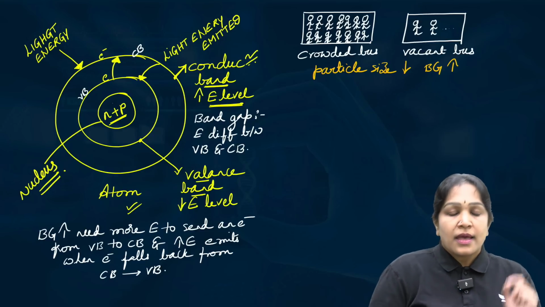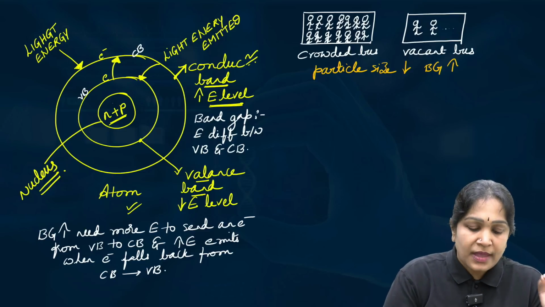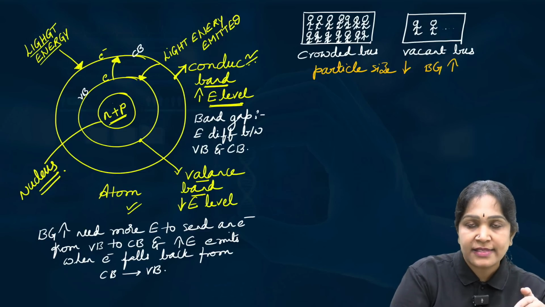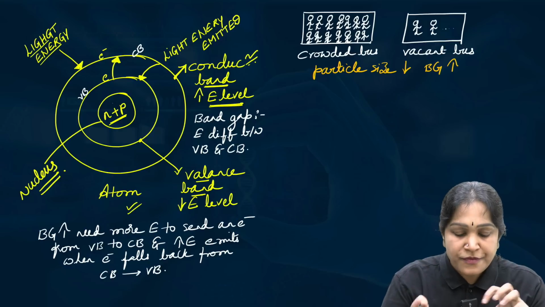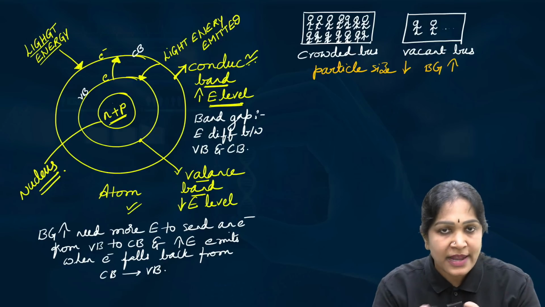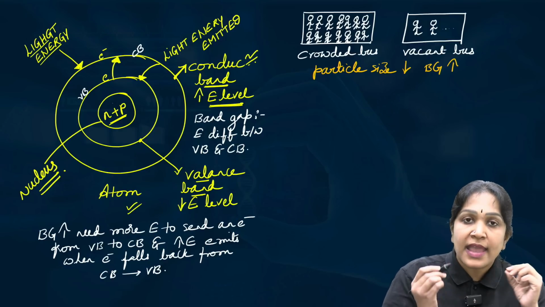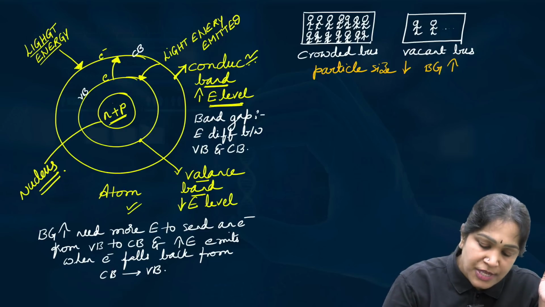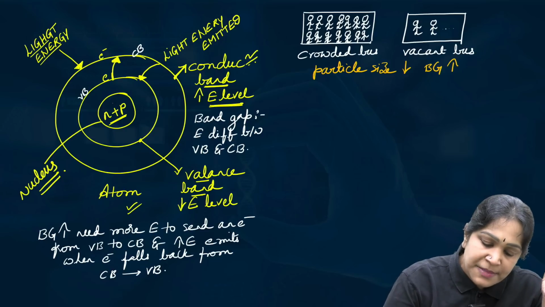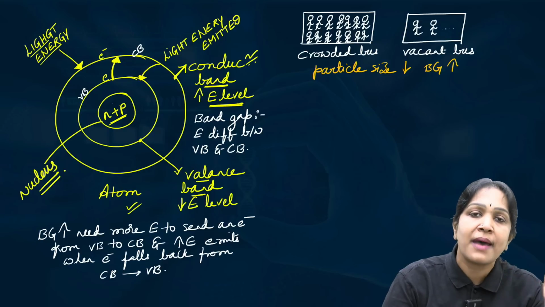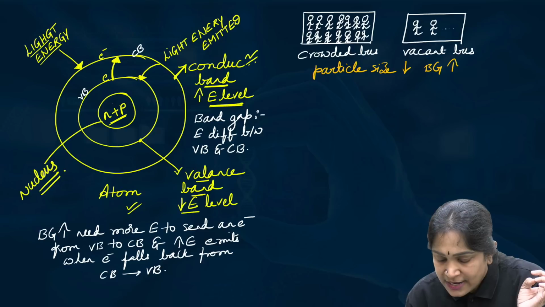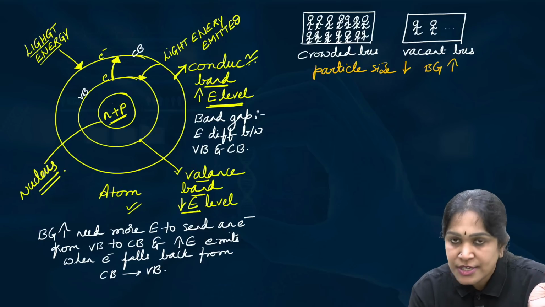Then, when this atom absorbs light energy, let us suppose you are giving light energy to this atom, the electron will take up this energy and jump from the valence band to the conduction band, that is from the low energy level to the high energy level.